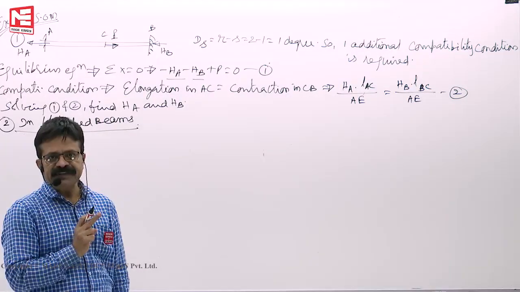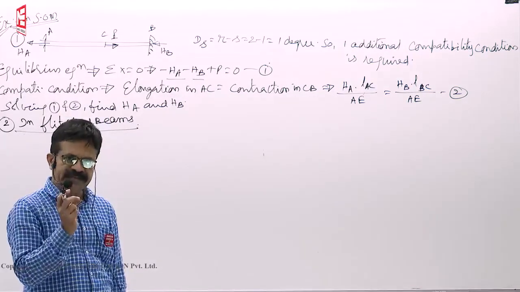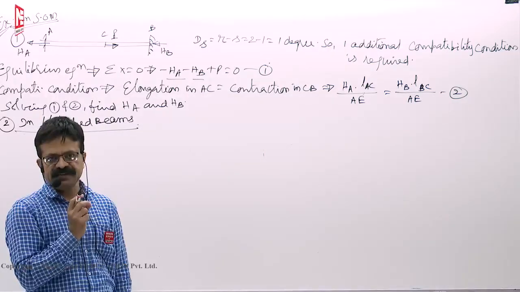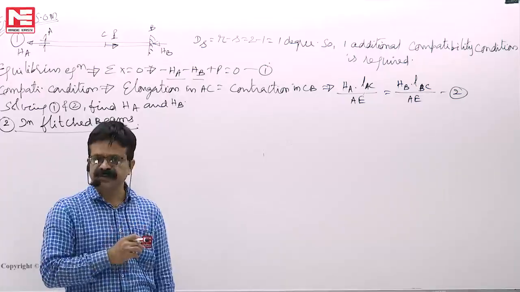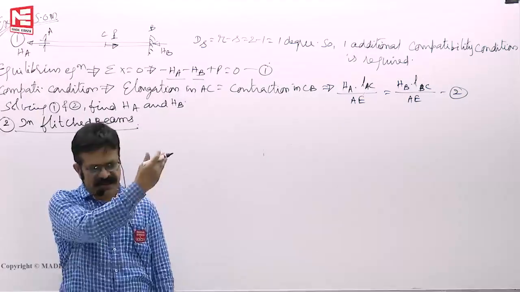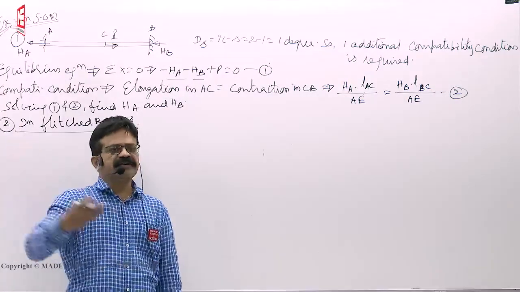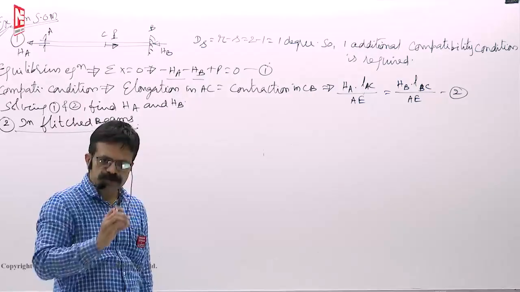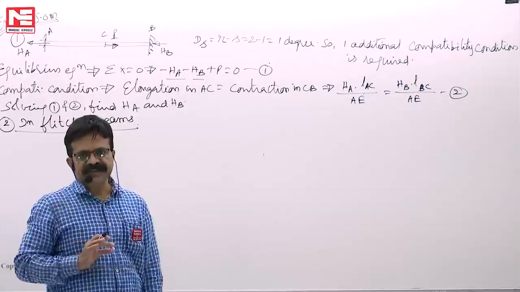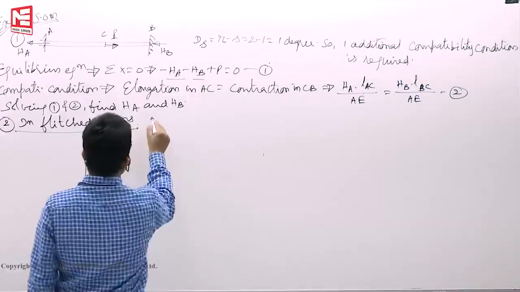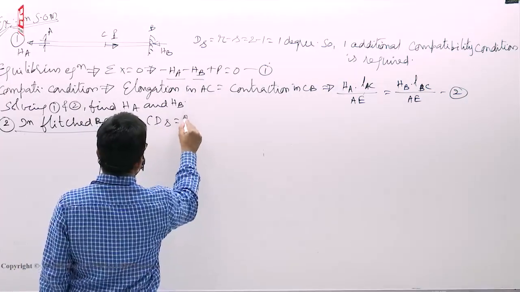Two unknowns will be there. Bending stress in wood, bending stress in steel. Two unknowns, but you have only one equation of equilibrium, sigma m is equal to 0. Second one is the curvature or the radius of curvature of two bent up beams is same. That is a compatibility condition. So, flitched beams ds is 1.